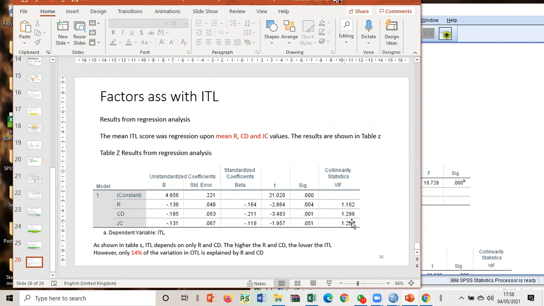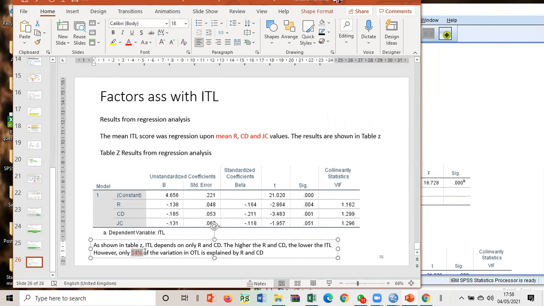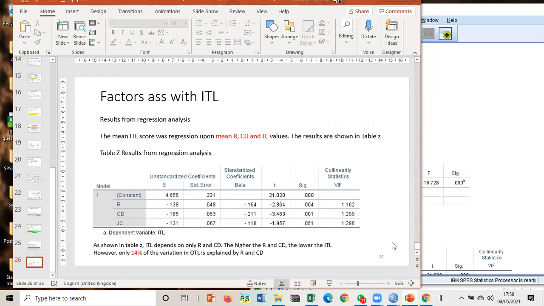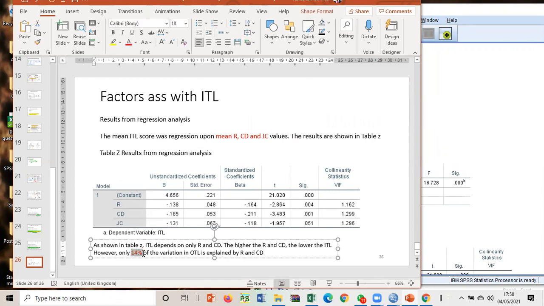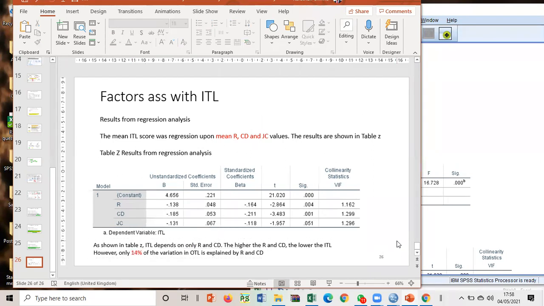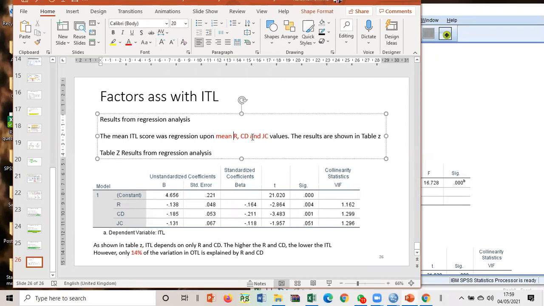There's no problem of multicollinearity. However, only 14% explained, right? Is it good or bad? 14%. It's bad. So will it pass or fail? Fail.